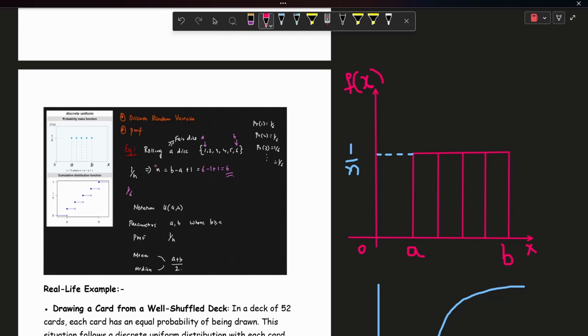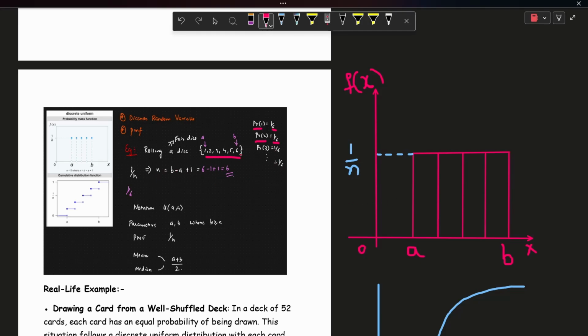We'll take an example, rolling a dice. If it is a fair dice, we have six outcomes: 1, 2, 3, 4, 5, 6. Probability of getting 1 is 1 by 6. Probability of getting 2 is 1 by 6. So the probability of getting any number from this sample space is 1 by 6. It is equally likely.